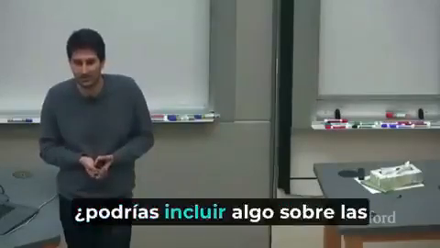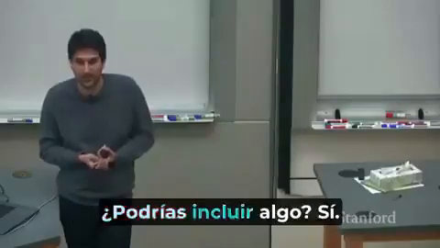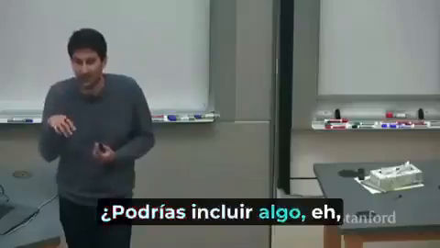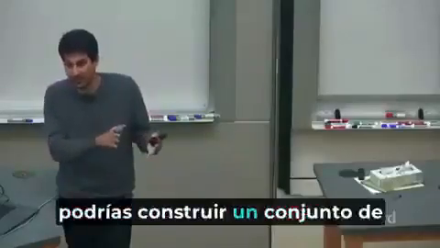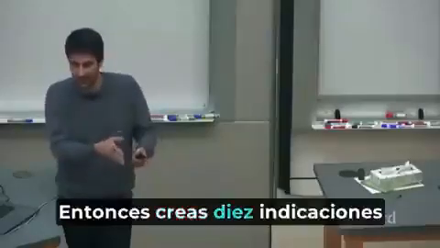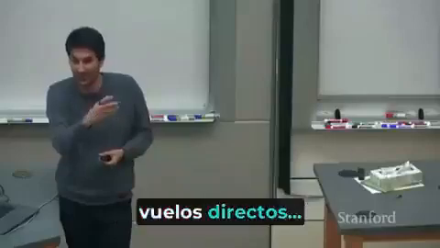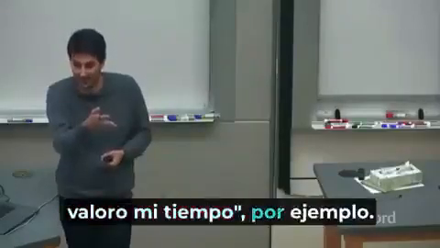Could you feed something in about the user preferences? Well, you could build a data set that has some of that information. So you build 10 prompts where the user is saying that I prefer direct flights because I care about my time, let's say.